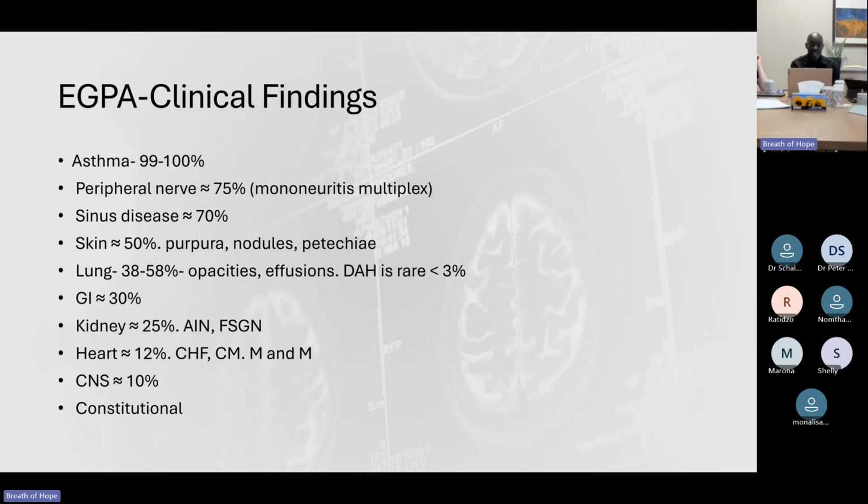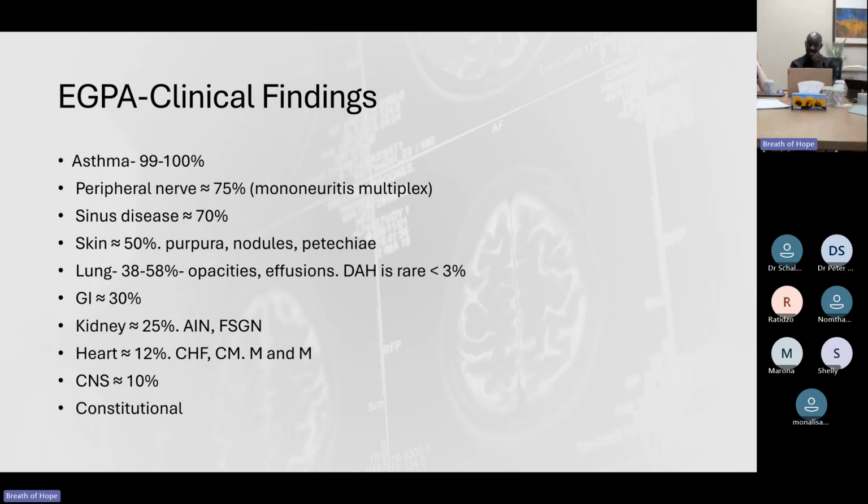That's why it's very important to do an ANCA test on most of the patients with recurrent sinusitis with no evidence of allergies. Skin, 50%, with papules, nodules, and petechiae, and that again can be mistaken for platelet dysfunction. Lungs, 38 to 58%, they will have opacities, effusion, and diffuse alveolar hemorrhage is rare, in less than 3%.